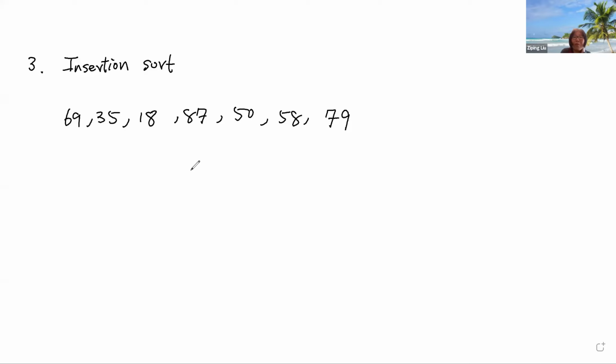In insertion sort, you need to pick a key for each pass. Over here, we start at the second number. So this is the key.